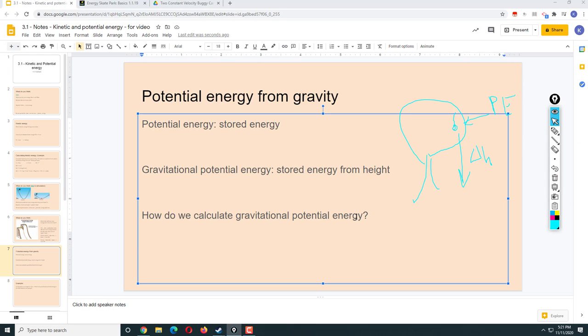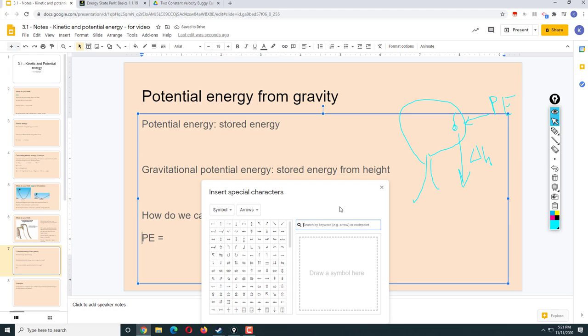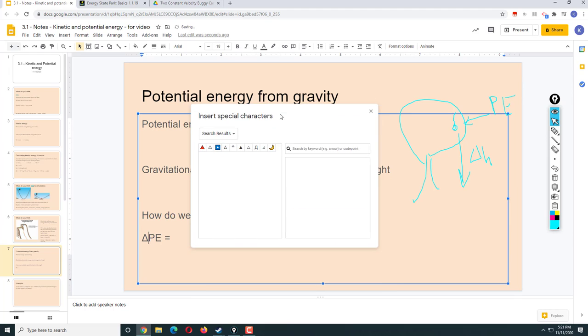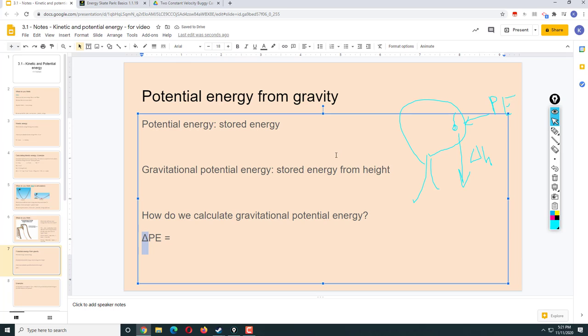More accurately, the change in potential energy. The symbol is called delta. The change in potential energy is mass times gravity times the change in height.